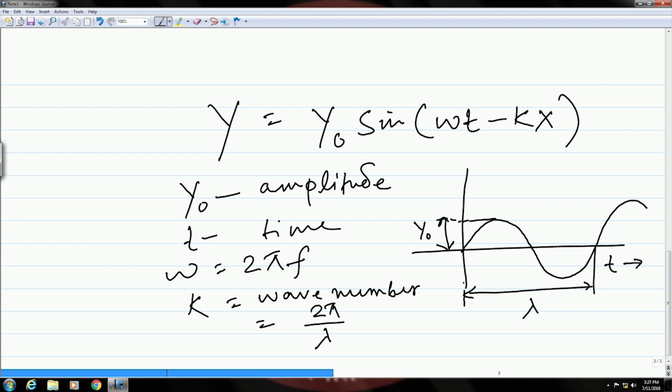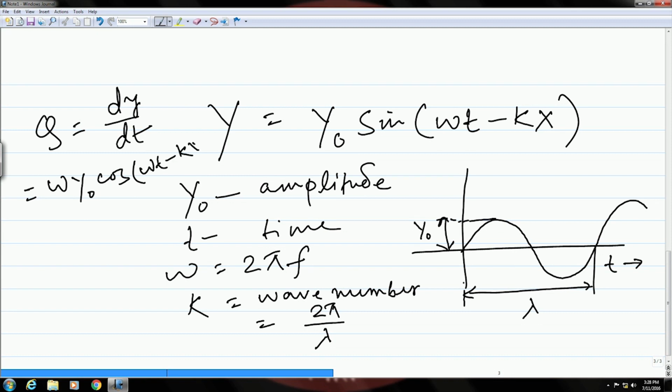Then the velocity which is given to the particles or to the atoms, q, is dy/dt. So, q will be equal to this.